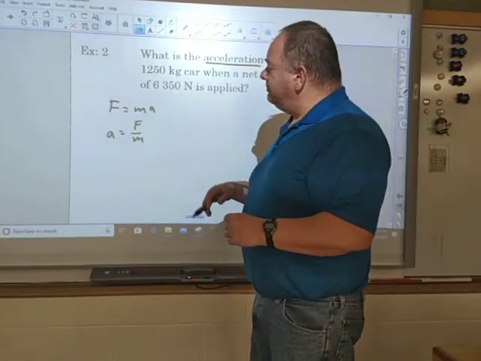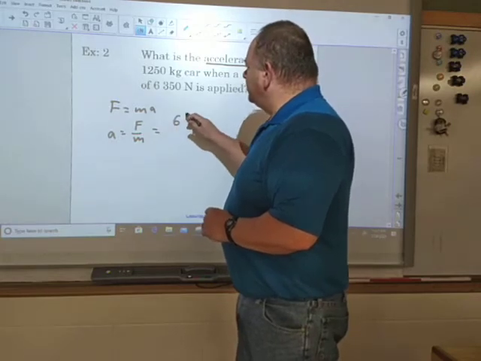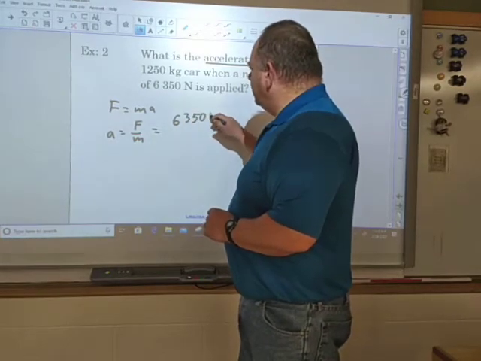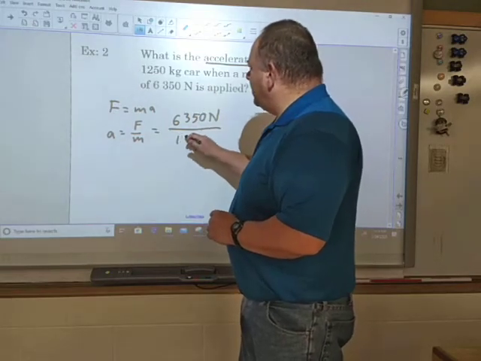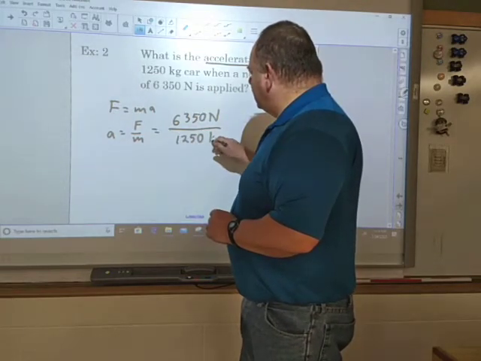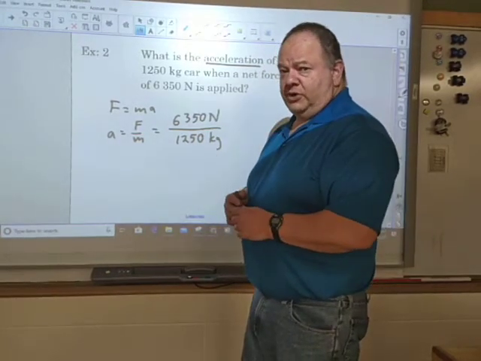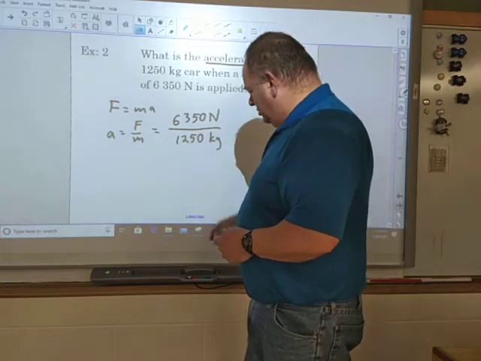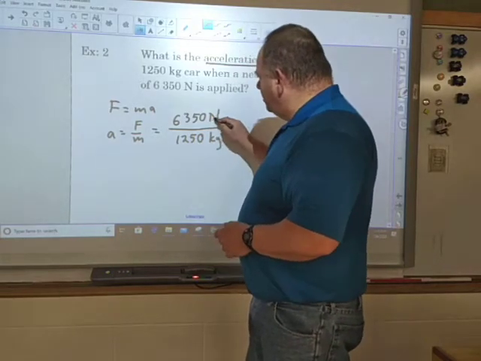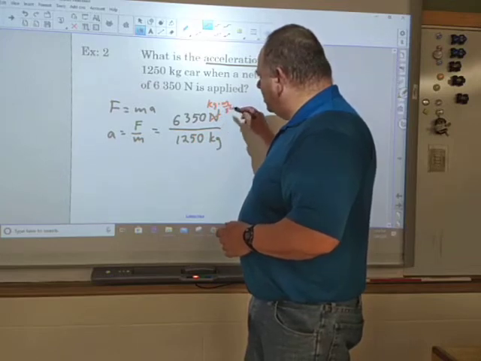I'm hoping you did it. 6,350 newtons on top divided by 1,250 kilograms on the bottom. Now here's where you look at your labels and say, I know the definition of a newton. A newton is a kilogram times a meter per second squared.